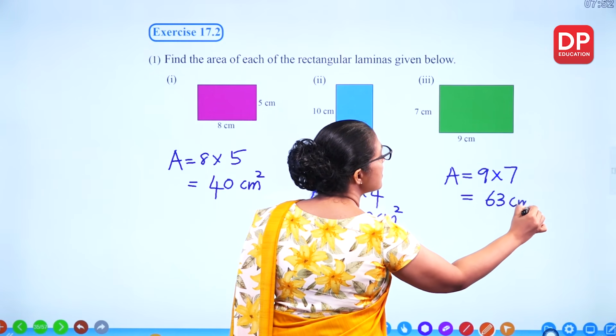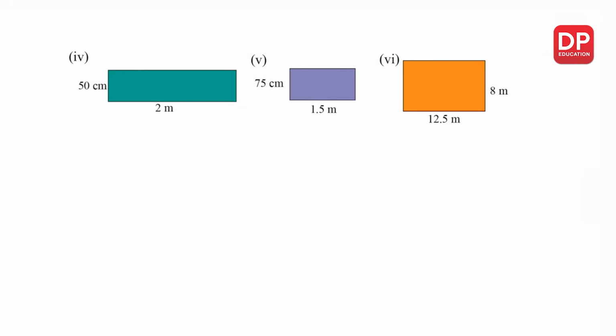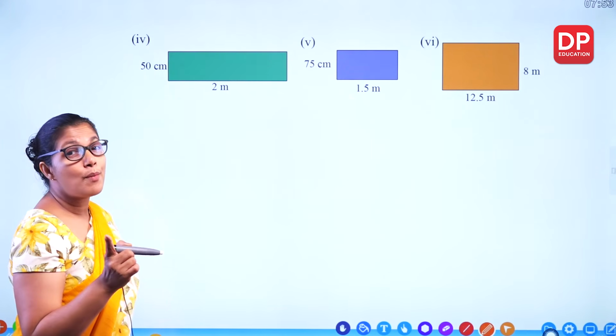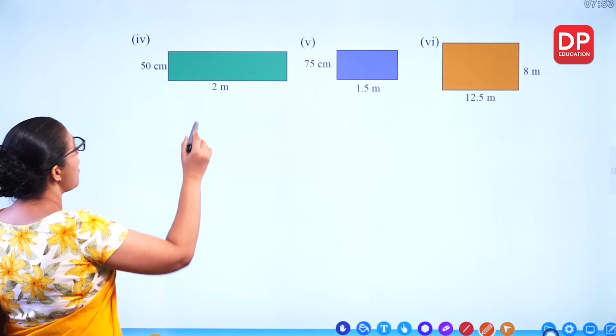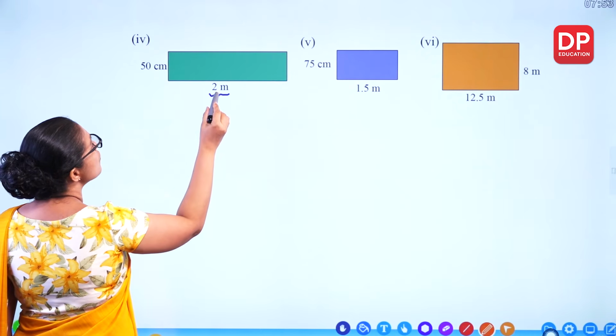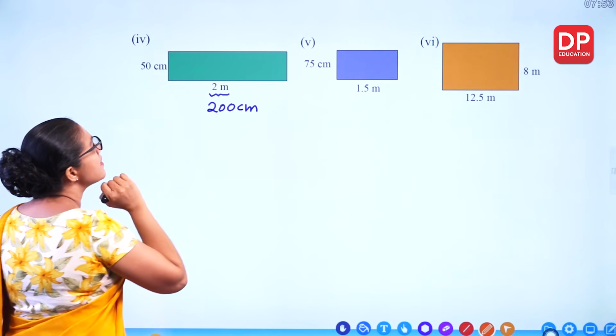63 square centimeters. This one is another rectangle, but look at this. One is in centimeters, the other one is in meters. So you have to convert this to centimeters. So 2 into 100, so 200 centimeters.